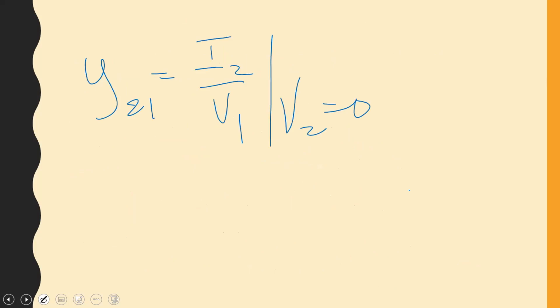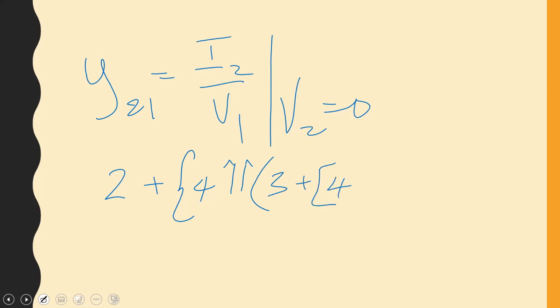Let me do this one. So you have 2 plus 4 in parallel with 3 in series with 4 in parallel with 2. All right? So this is what you would have had. I'm just going to put letters.